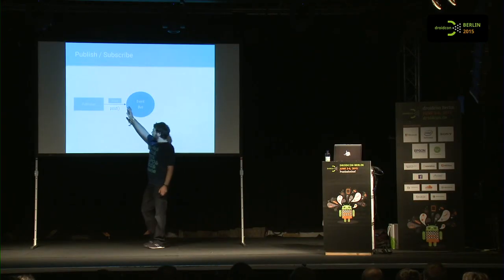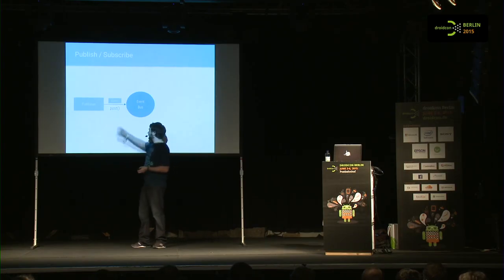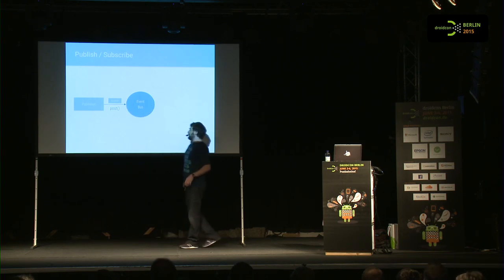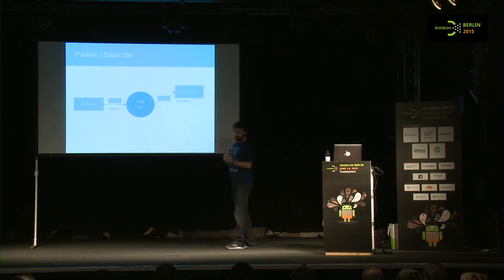What we call a publisher is the sender of an event, or the poster. There's a post method in the Eventbus class, and you pass an event, and then it's delivered to all the interested parties, the subscribers.